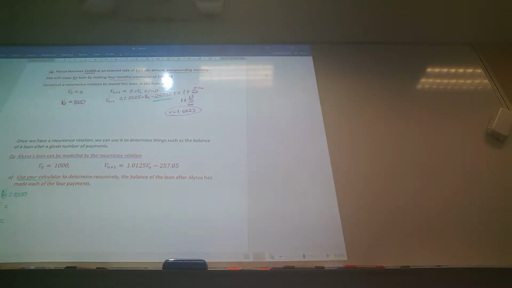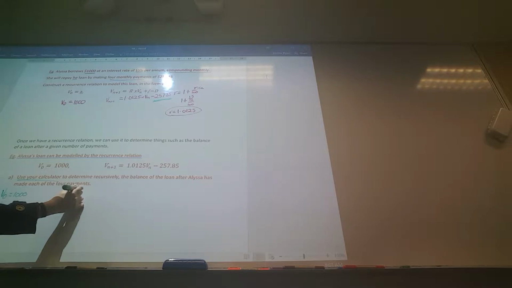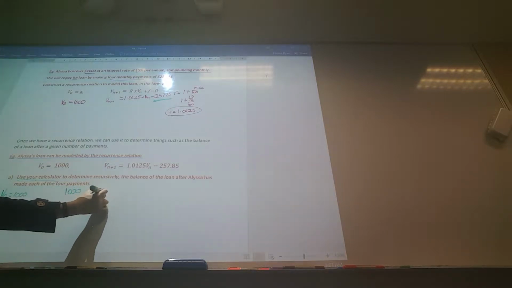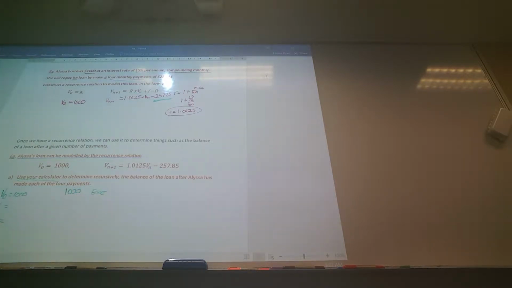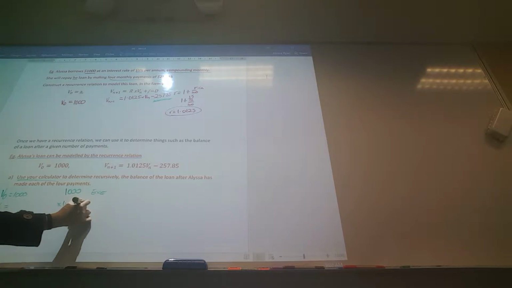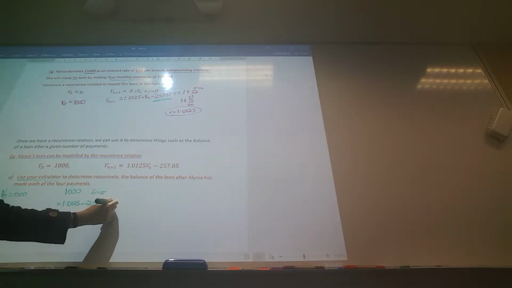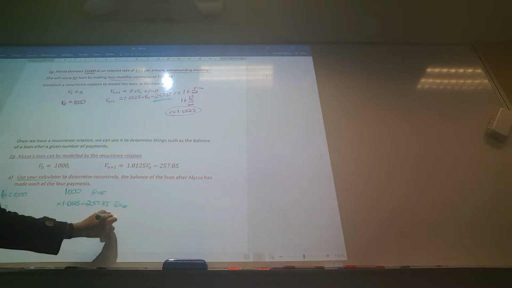Because it says we're still using recursion, but you can use your calculator. So in your calculator, you'd press 1,000 and then execute, and then you'd have your ratio, times your ratio, take your payment. All right, EXE, and then EXE.